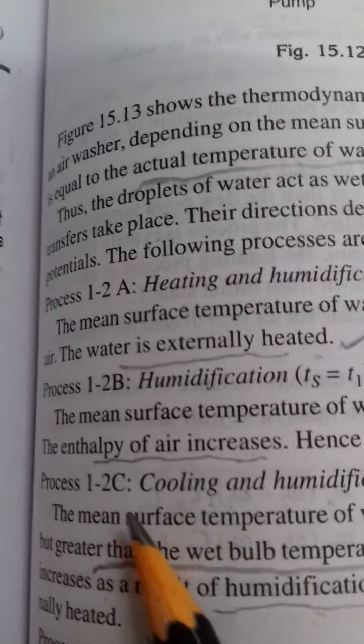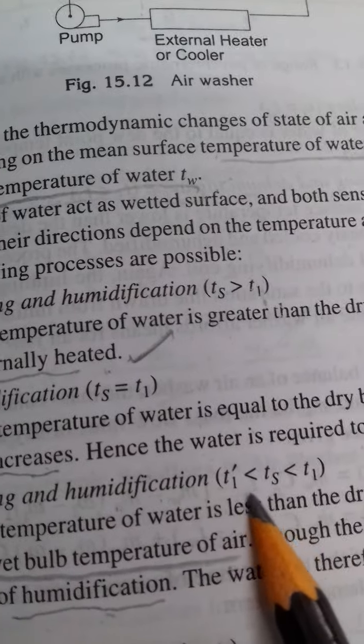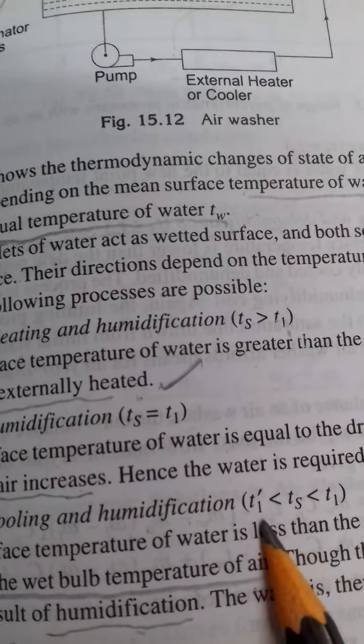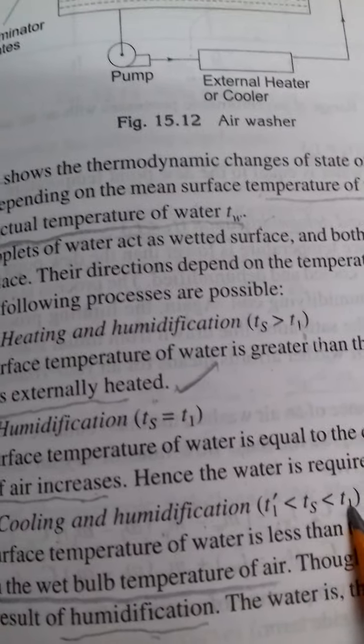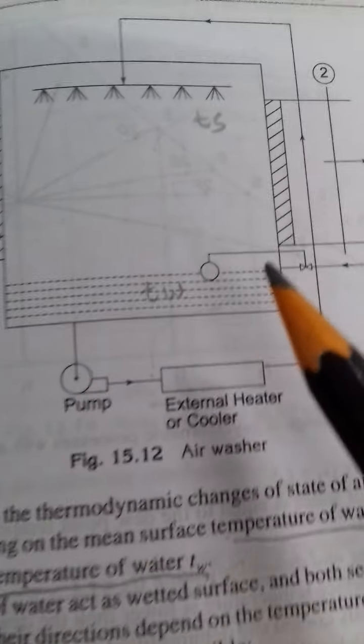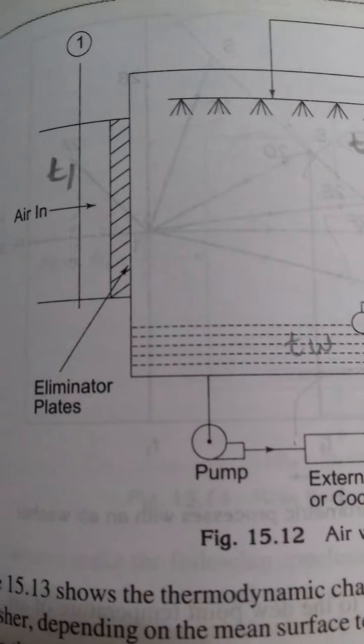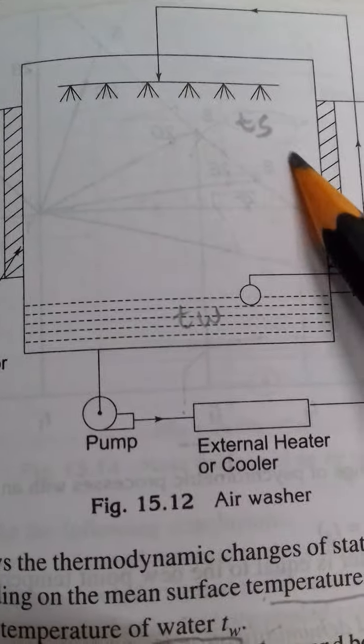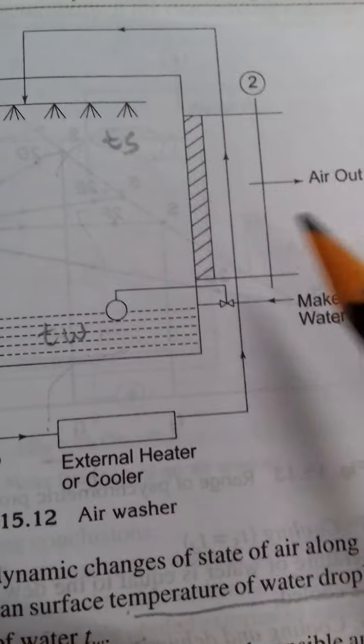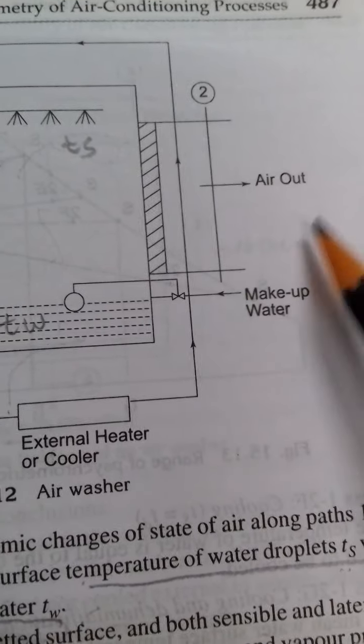Third process, 1 to 2C, cooling and humidification. T1 dash is less than TS is less than T1. Where is T1 dash? Let us see. That is T1, TS and TW. T1 dash means the air which is going out.